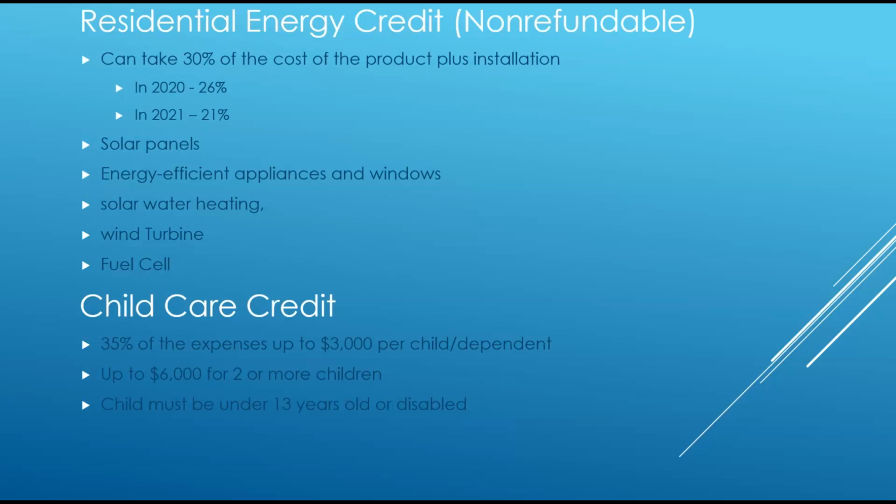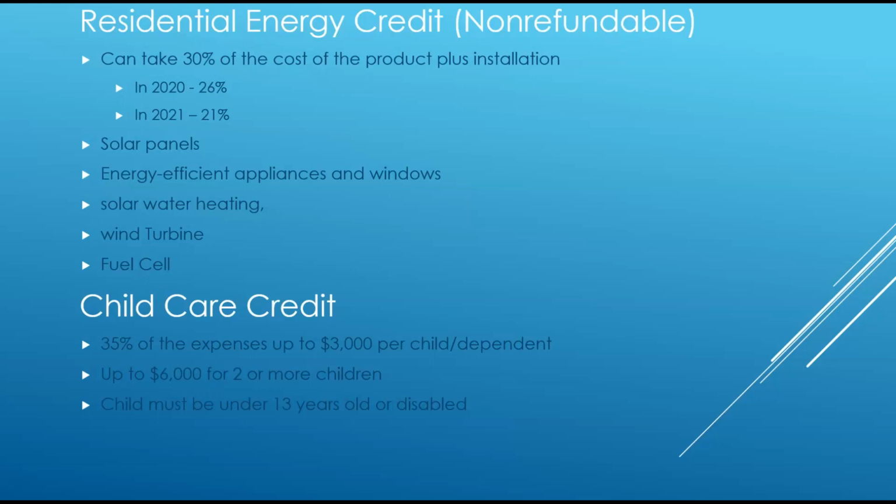You can also use it for energy efficient appliances, for example a washer and dryer, a refrigerator, anything that's energy efficient. You can also use it for new energy efficient windows, solar water heating, wind turbines, and fuel cells. So there's a lot of different options.